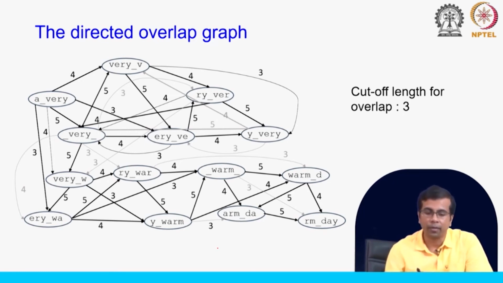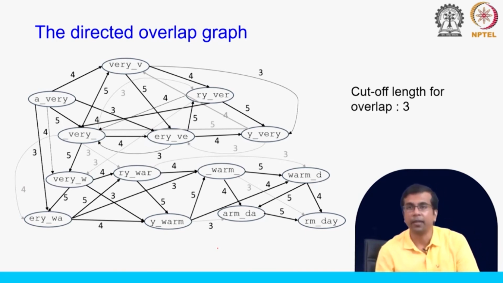The directions are determined by the suffix and prefix where the overlap is, which will determine which is the source node and which is the sink node. The edge weights that we see are determined by the length of overlap. Again the maximum length is 5 here, we cannot have 6 because the reads are of length 6.